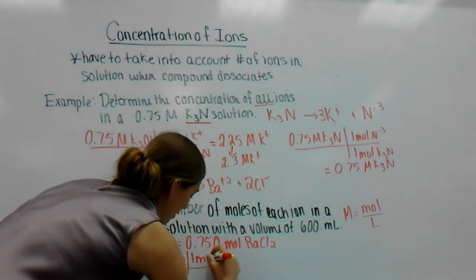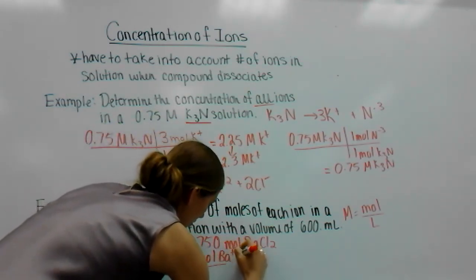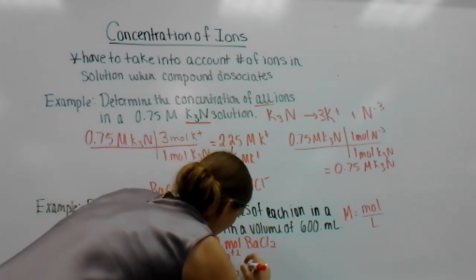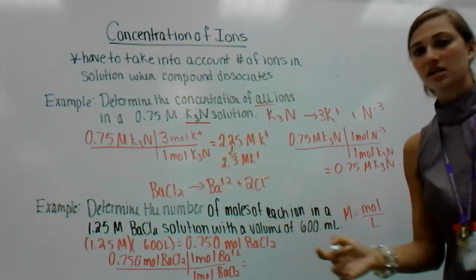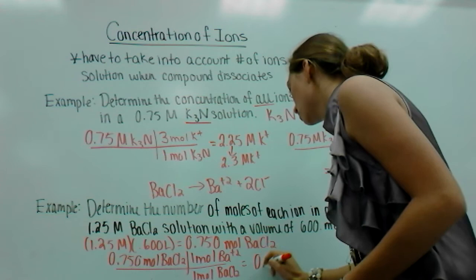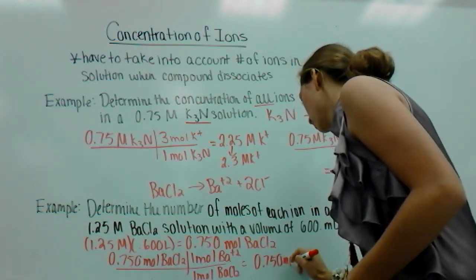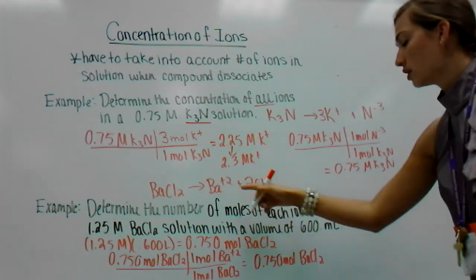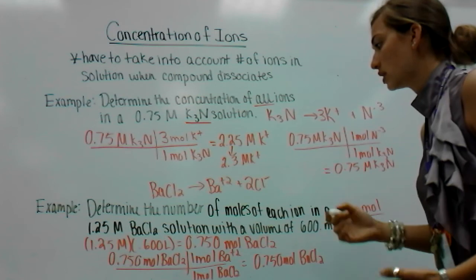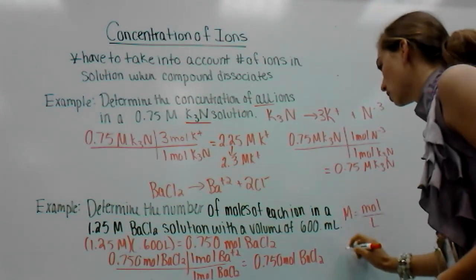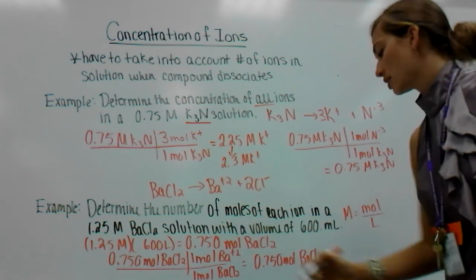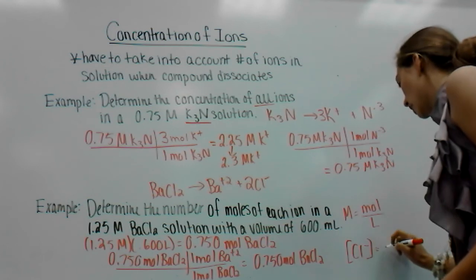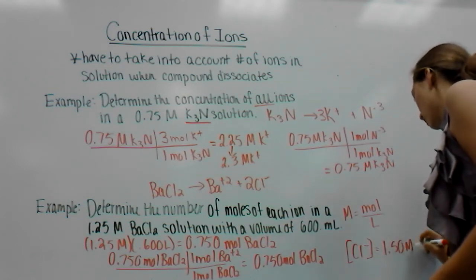So first let's convert to barium. And that mole quantity is going to be the same because it's in a 1-to-1 ratio. And then if we do our chlorine, for every 1 mole of BaCl2 that's inputted, we get 2 moles of chlorine. So it's going to multiply our quantity by 2. So we're going to end up with 1.50 moles Cl minus.